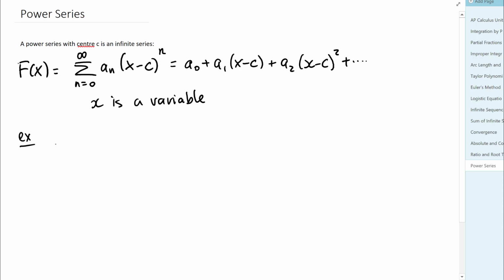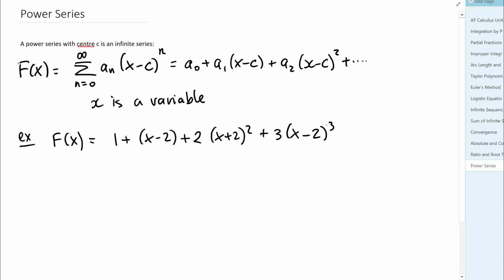For example, you might get a series like 1 plus (x minus 2) plus 2(x minus 2) squared plus 3(x minus 2) cubed, etc. And this would be a power series with a center of 2.